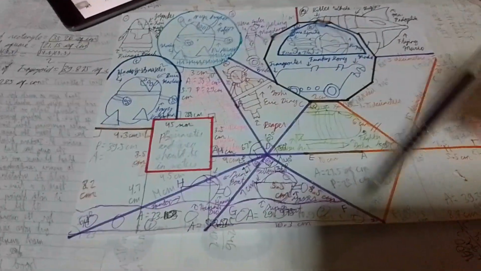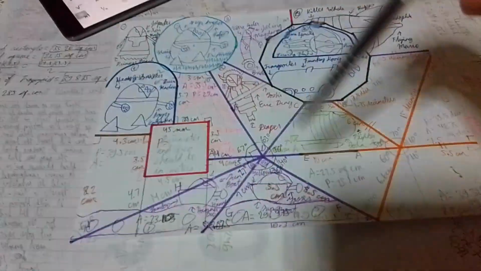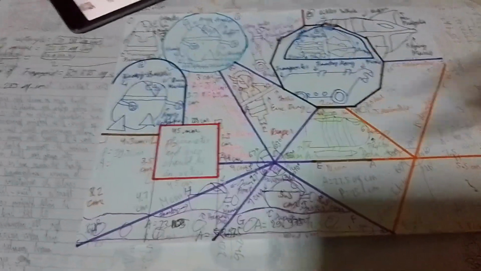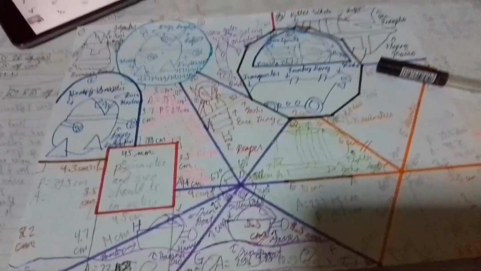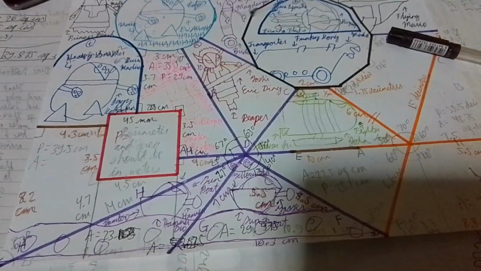Pero, tingnan mo to. When we have the area of this, and this, and this pertains to the area of everything. But remember, we want to exclude the two triangles being merged together, which is this one. So, in-exclude namin to. So, this implies the application of subtraction for the area of the shaded region. So, therefore, is there anything we need to do?